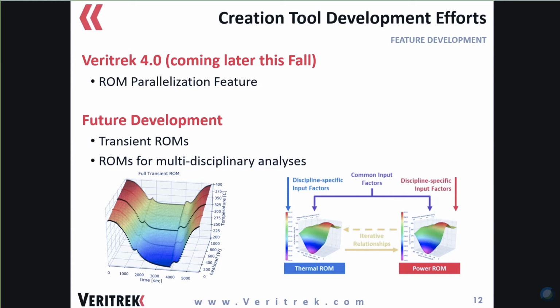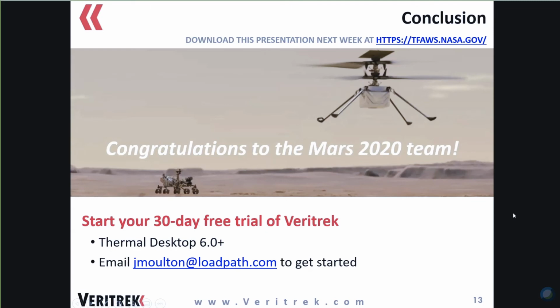So perhaps you could create a power reduced order model, and then couple those two reduced order models. That's something we are doing some active development on this fall, in fact. We'll be looking at those types of approaches and hopefully rolling out updates in the near term. Jake, you can move to the next slide.